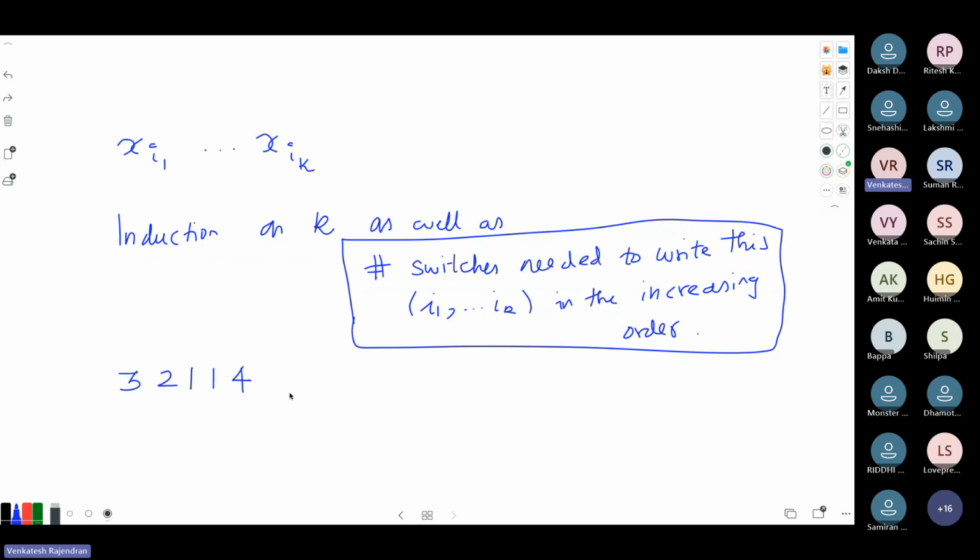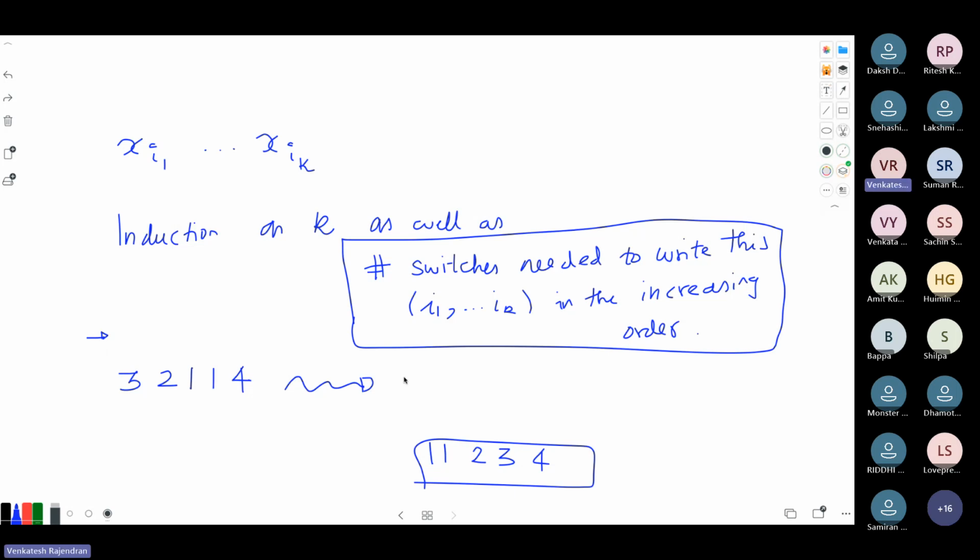Finally you will reach 1, 1, 2, 3, 4, but there will be some intermediate steps. And if you think about it, to reach the correct order, you will only be doing very basic switchings: adjacent positions you switch at a time. For example, you scan it from left to right.